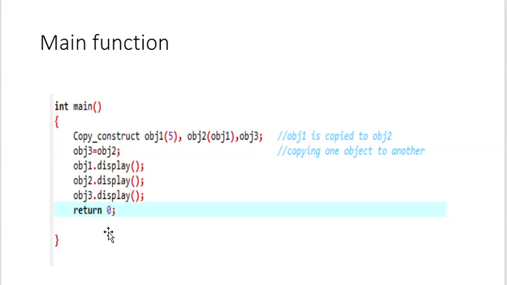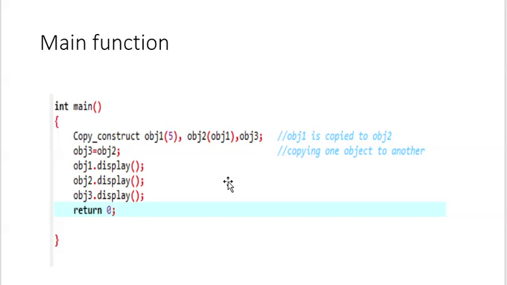Object 1 is passed the value 5, while object 2 is passed object 1, which means that the value of object 1 is copied to object 2. Then I mention object 3. Now I simply assign object 2 to object 3, which is also a method of copying. So here you got 2 methods of copying. One is this and the other is this one.